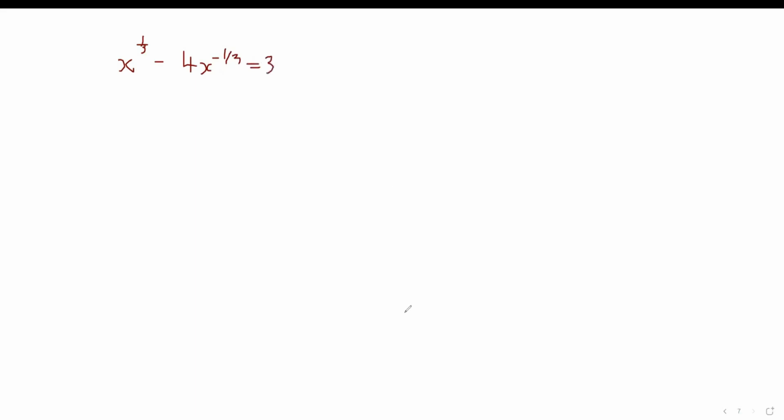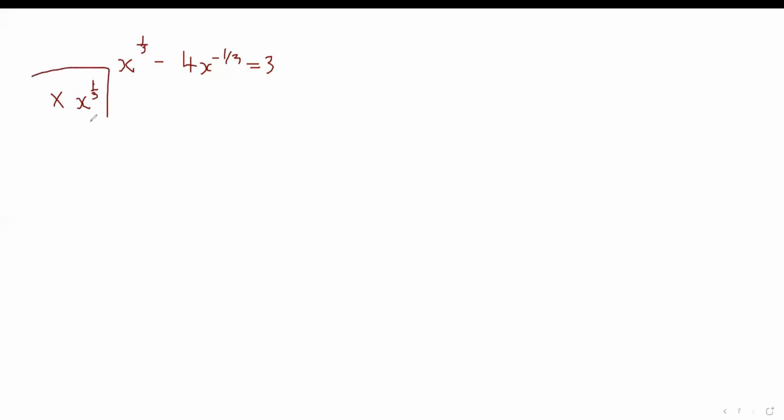So to work this out now, what we can do first is multiply through by x to the 1/3.